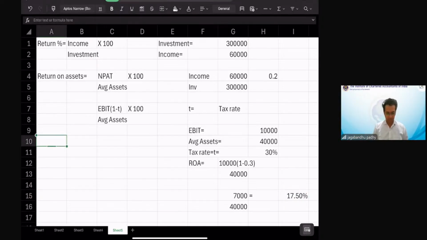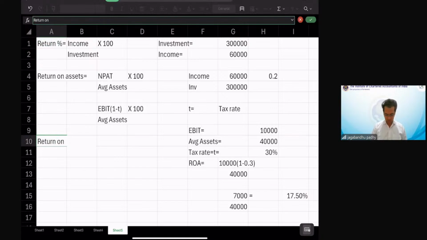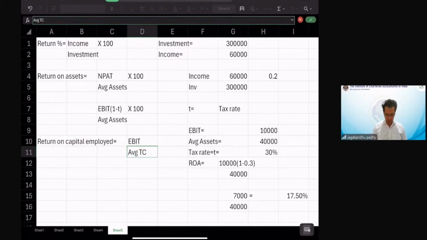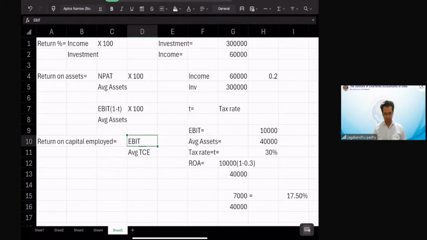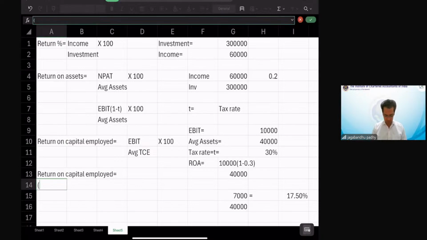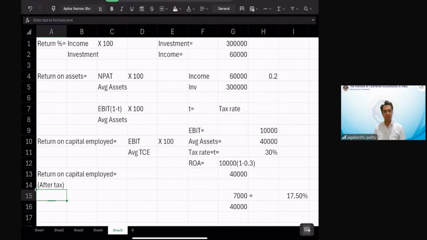Same way, if I ask you what is your return on capital employed, return on capital employed will be EBIT upon average total capital employed, and of course multiplied by 100. And same if I want to calculate the return on capital employed, but let's say I want to do this after tax. Total TC is total capital employed.